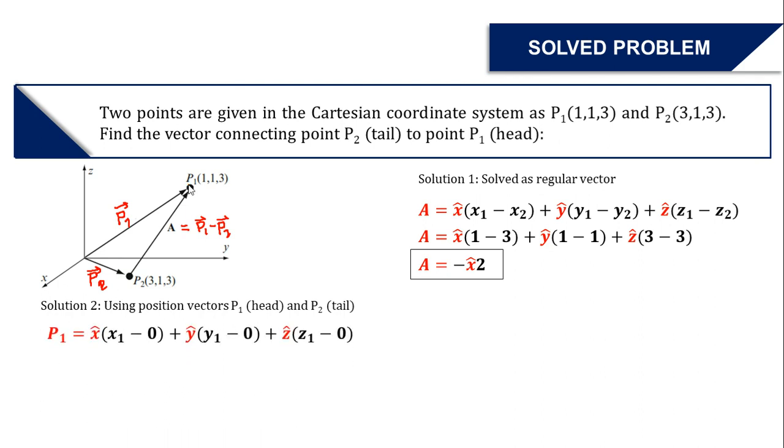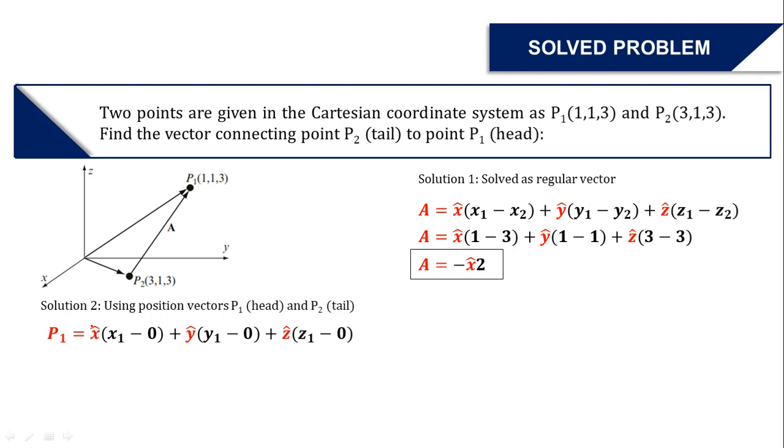Okay? So, para sa point 1, gagamitin nating reference point is yung ating origin. Kaya yung magiging formula natin ng position vector sa point 1 is equal to x hat times x sub 1 minus yung reference point na 0, which is the origin, plus y hat times y sub 1 minus yung reference point natin, then plus z hat times z sub 1 minus yung ating reference point.